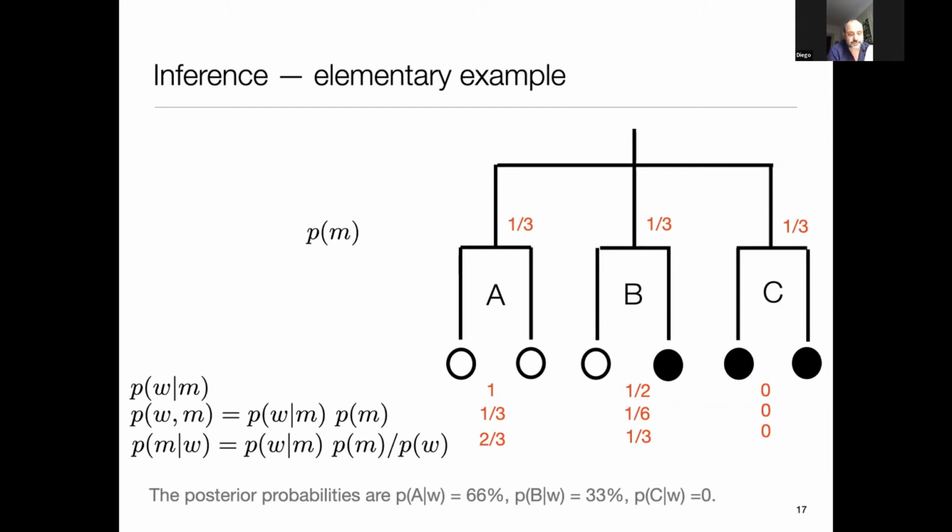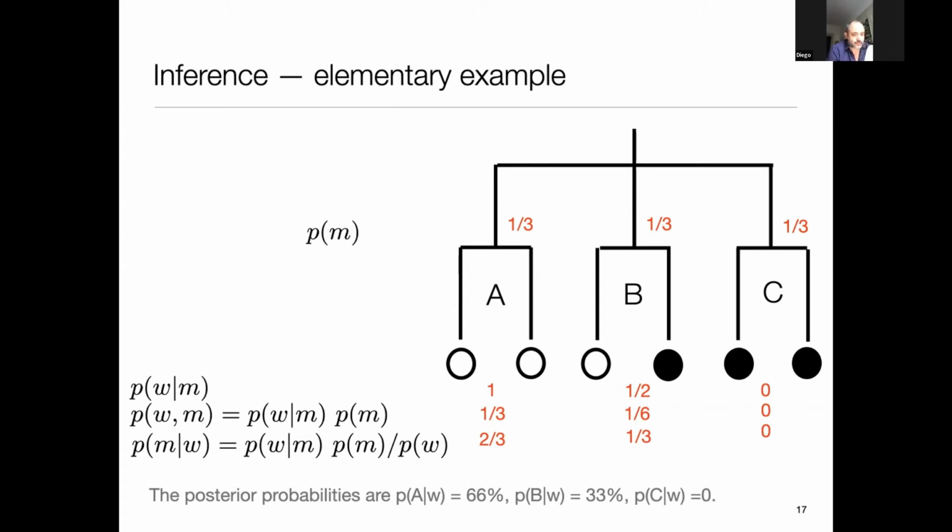I have 1/3 chance to pick bag A, 1/3 chance to pick bag B, and 1/3 chance to pick bag C. And then within each bag, I can determine the probability of observing a white ball. In bag A, this probability is 1 because bag A has only white balls. In bag B, the probability of picking a white ball is half because we have 1 white and 1 black. And in bag C, the probability is 0.